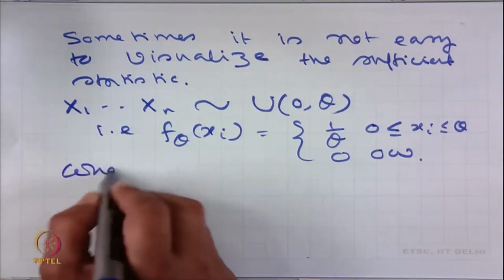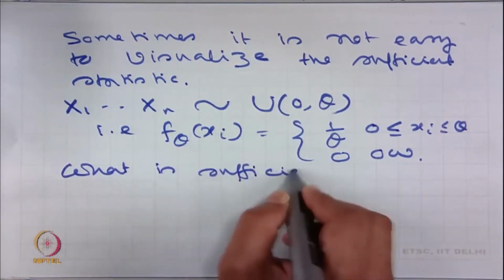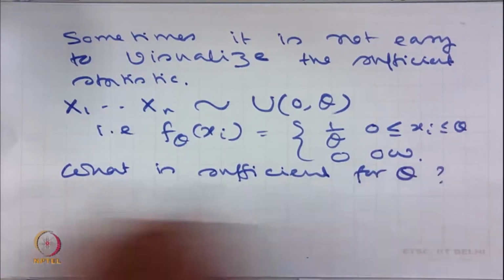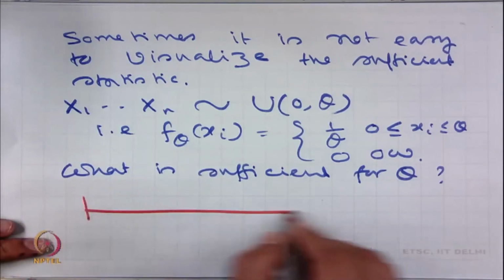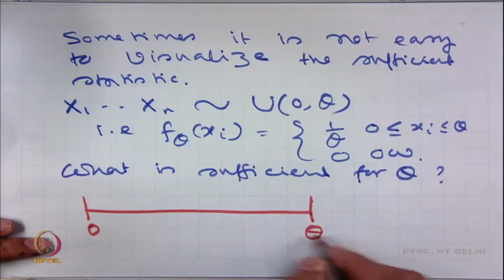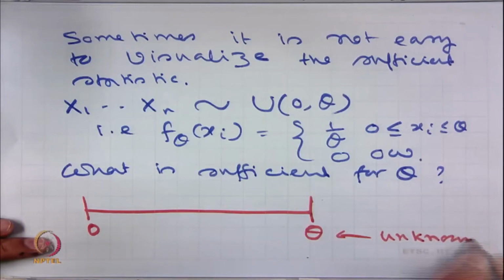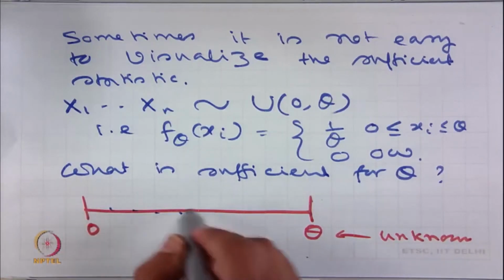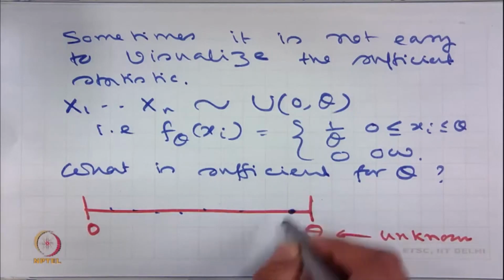What is sufficient for theta? Suppose I ask you the question. Now, 0 to theta, this theta is unknown to us. Now, I have taken n samples from here.